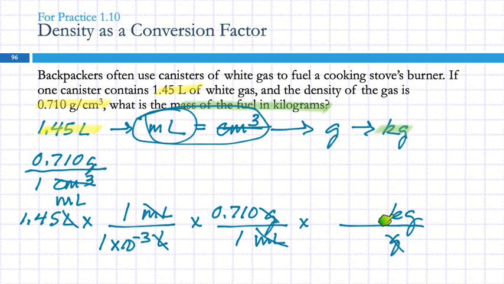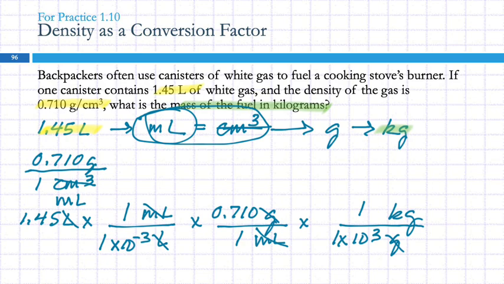At the end here, I have kilograms and grams. What does kilo stand for? 10 to the 3. So 1 kilogram is 1 times 10 to the 3 grams.